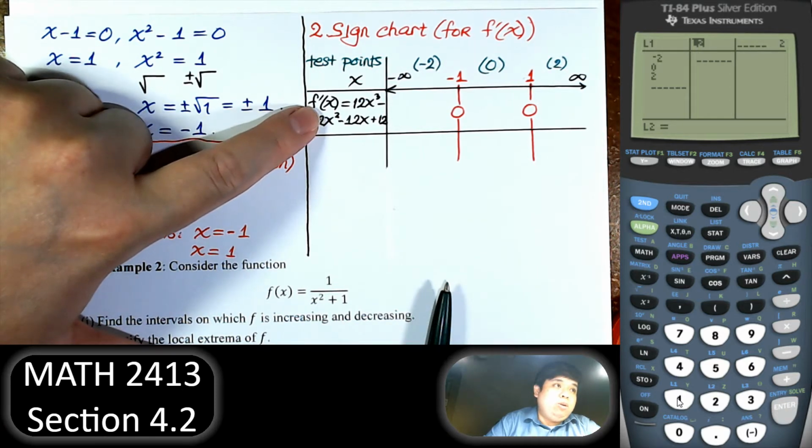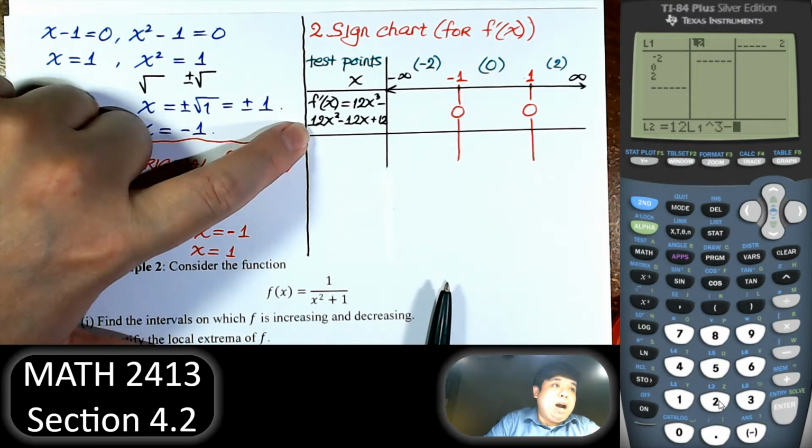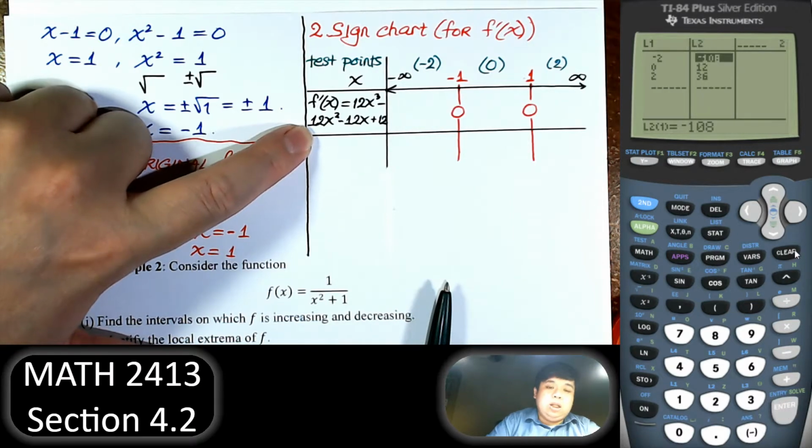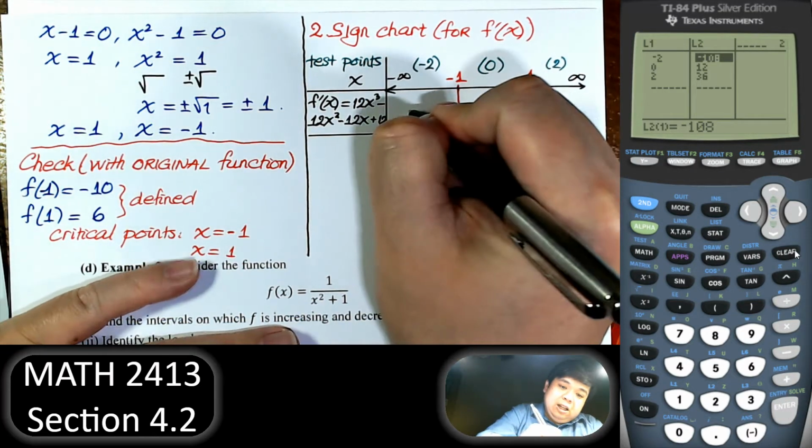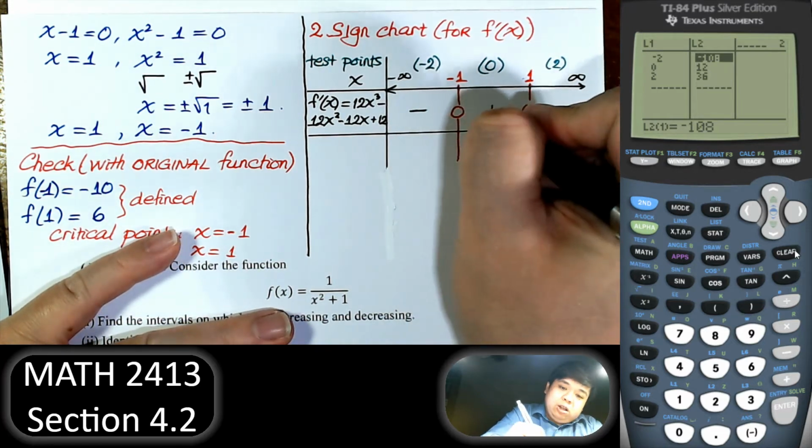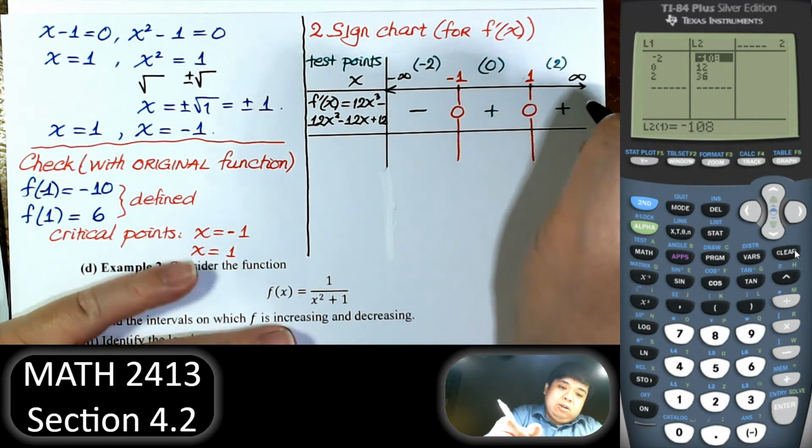We have 12 times L1 cubed minus 12 L1 squared minus 12 L1 plus 12. So we have negative, positive, and positive.